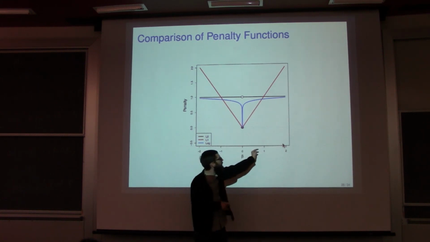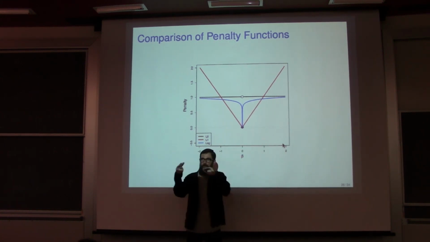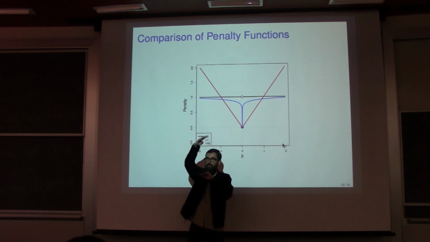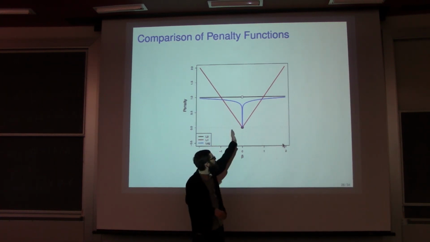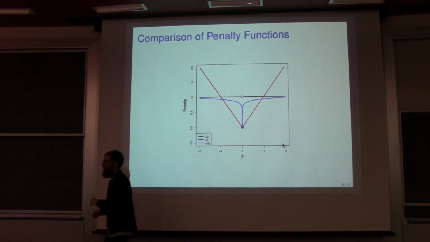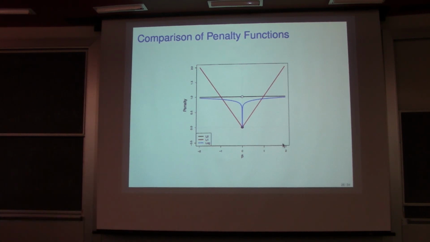If we kept going further, that blue curve would obviously, it's log, go over 1, but that's the penalty that you're creating there. And you can see the blue, the reason it's a little bit nicer is that it gets us a little bit closer to this true penalty that we want.